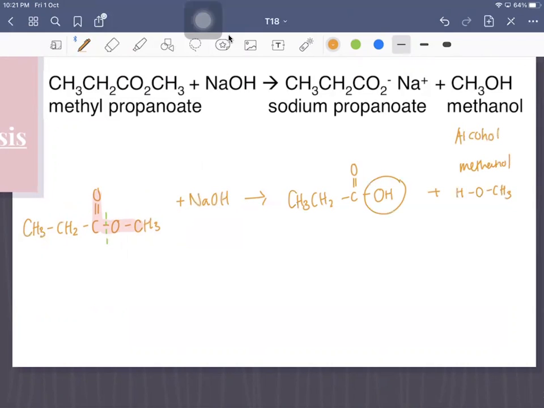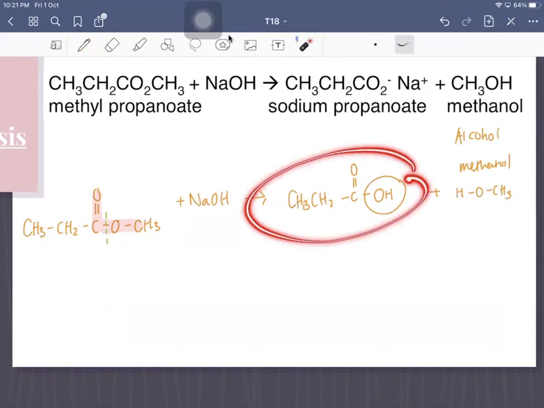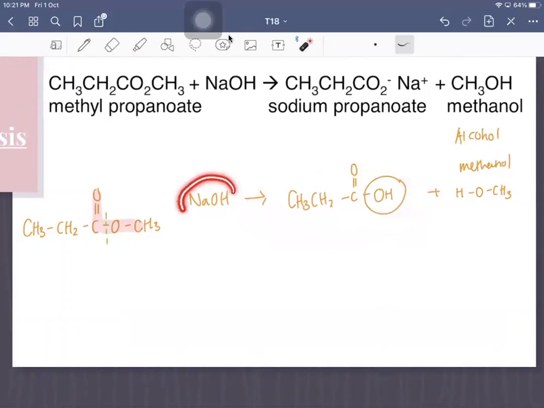Okay. Now, the problem with this is that the moment you form an acid, in the reaction mixture there is a base. The acid would react with the base in such a way that it will lose its H plus. It becomes an anion, a carboxylate, which is called, 1, 2, 3 carbons, propanoate. Okay, and the counter ion is just a sodium.